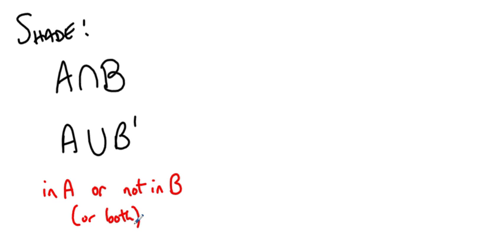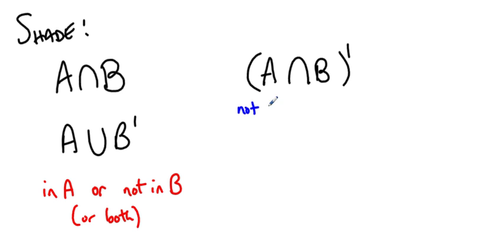You should know how to shade A intersect B complement. That's what I wanted you to do. A intersect B complement. So this would be all the stuff that is not in A intersect B.